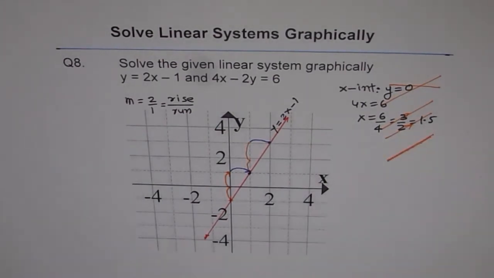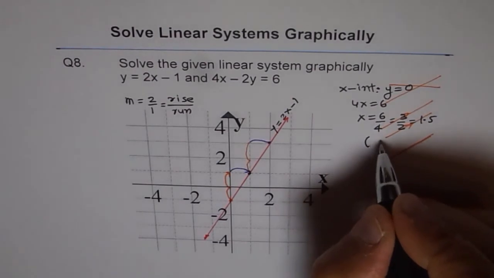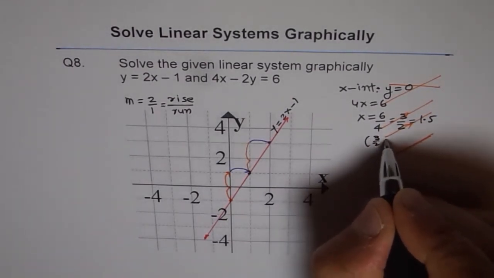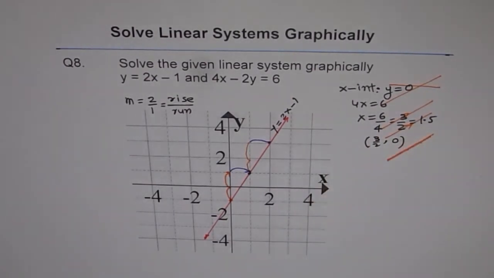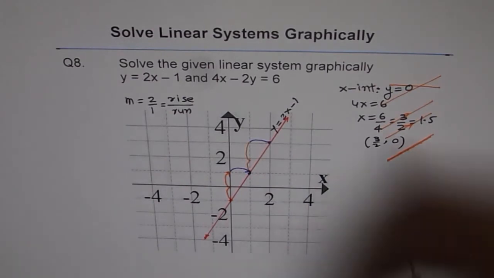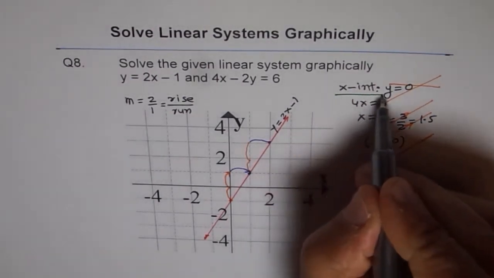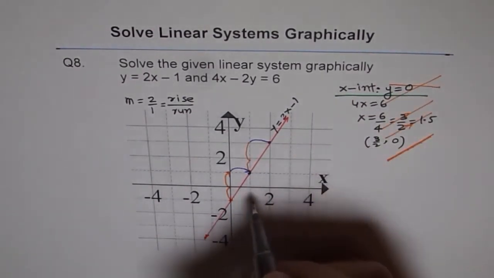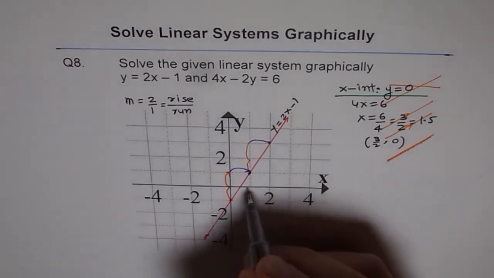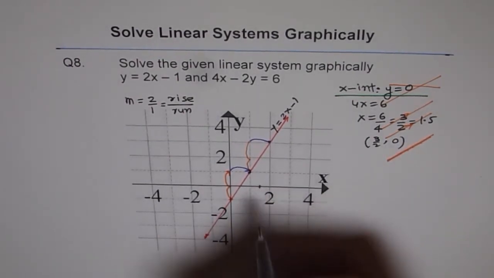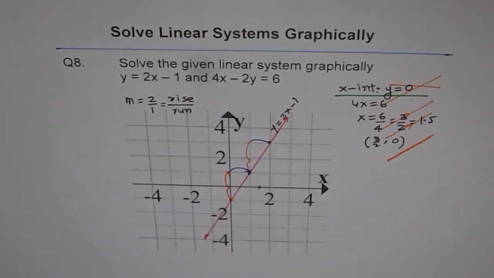So we can plot this point on our graph and see where it is, and that is the x-intercept. You can write the x-intercept as (3/2, 0), because the y value is 0 at the x-intercept, correct? That point is 1.5, right here in the center of 1 and 2. So we get our x-intercept.